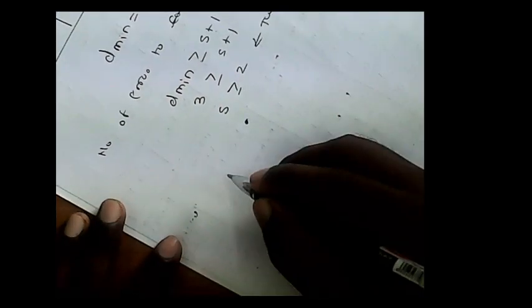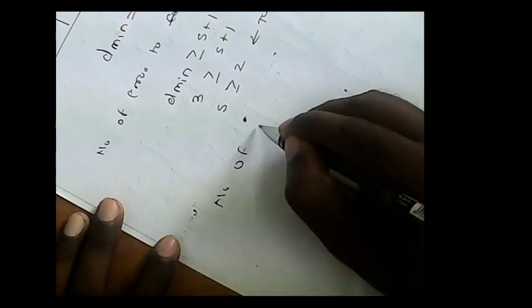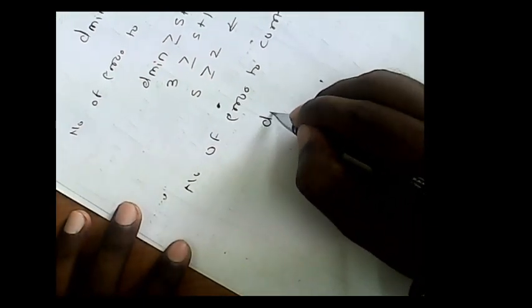Similarly, for the number of errors to be corrected, d minimum is greater than or equal to 2t plus 1.